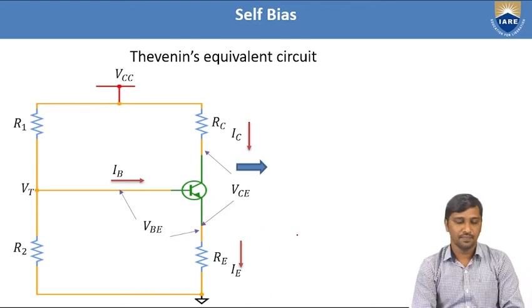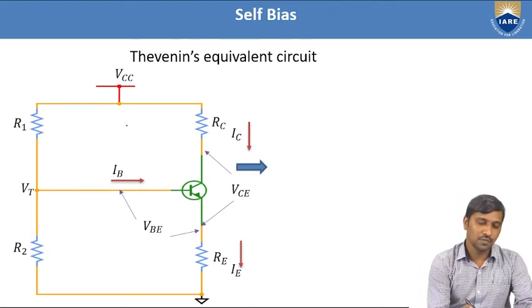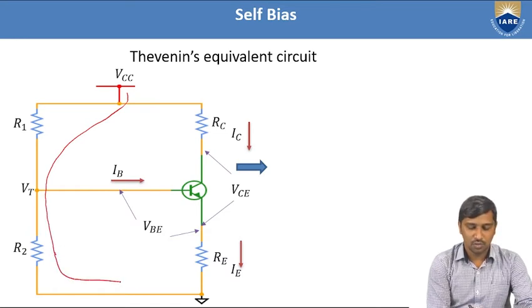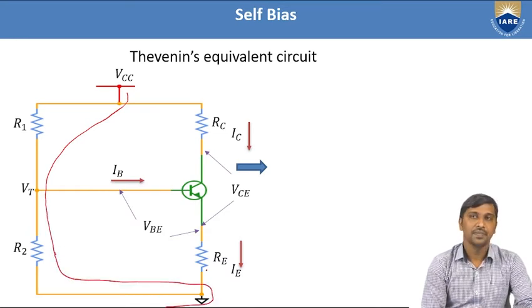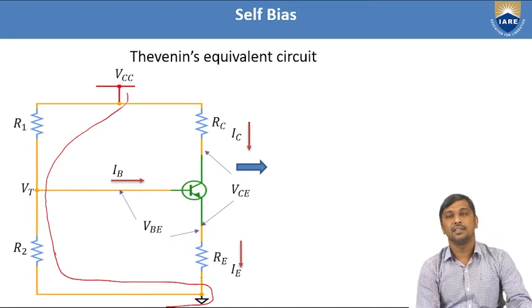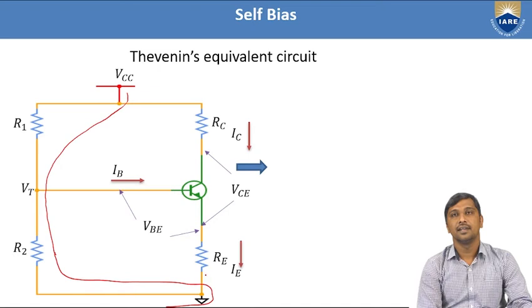We observe that from the input side, the VCC node through R1 towards the VT node, and R2 towards the ground potential, is converted in terms of Thevenin's equivalent voltage and Thevenin's equivalent resistance.